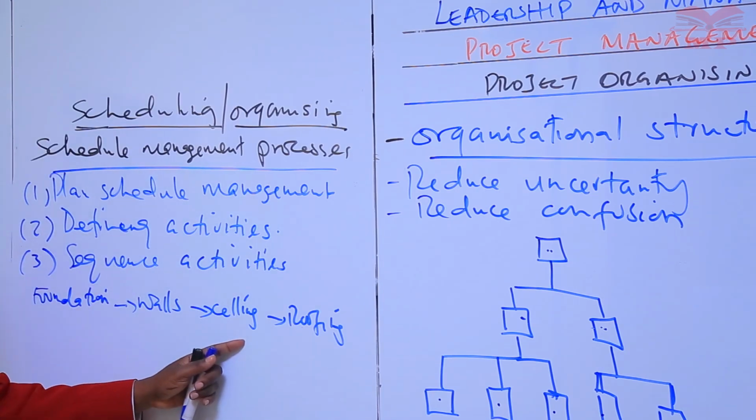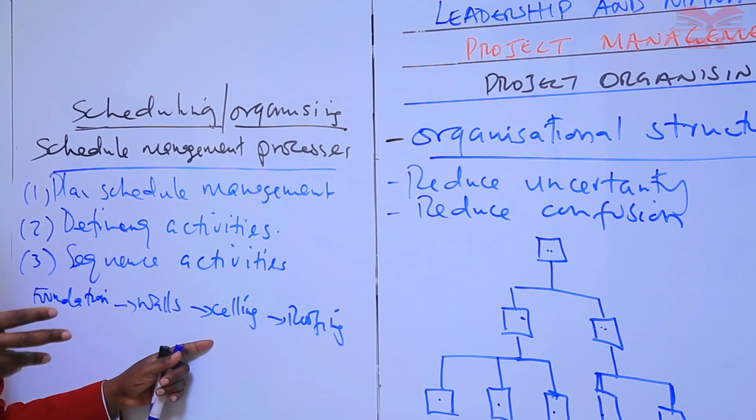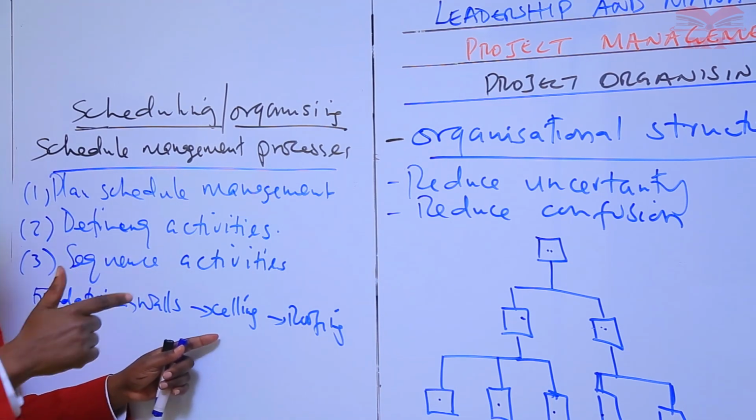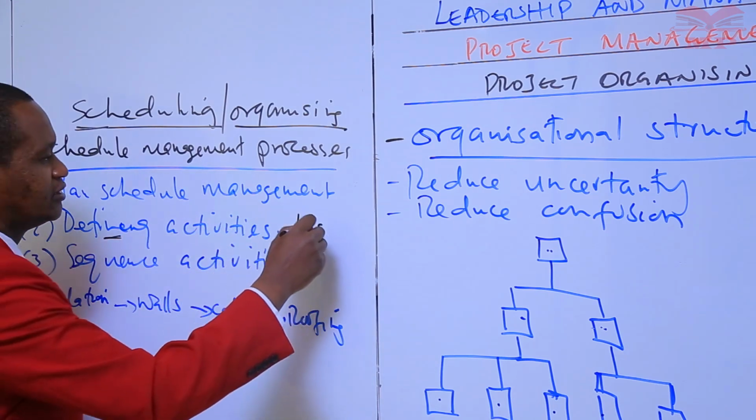The sequencing process, the sequence activities, candidates, concentrates on converting the project activities from a list to a diagram. In the first instance, we had a list. We said you come up with a list.